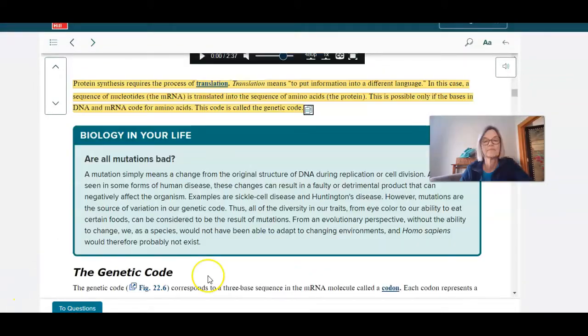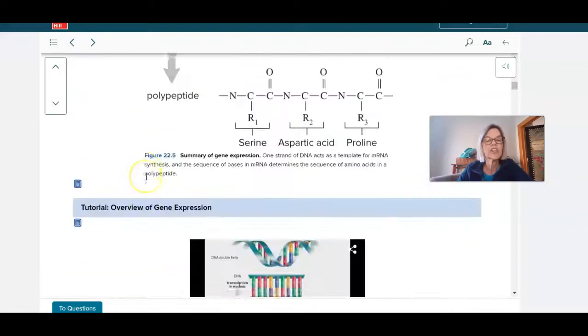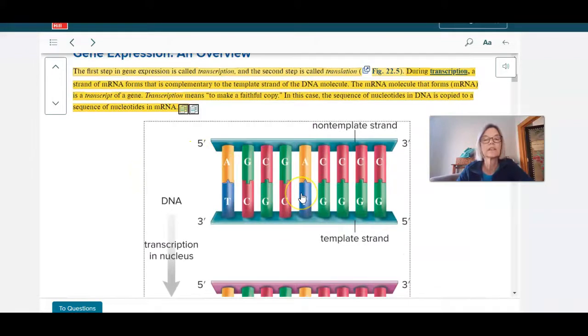mutations. Now, a mutation is a change in the DNA sequence, and mutations happen all the time. Every time one cell divides into two cells, the DNA has to be copied, and that's in a process called DNA replication that we're not talking about here. It's a different process.